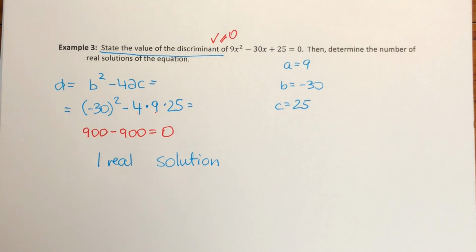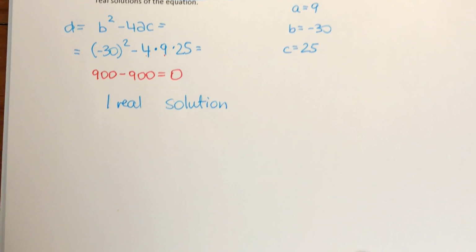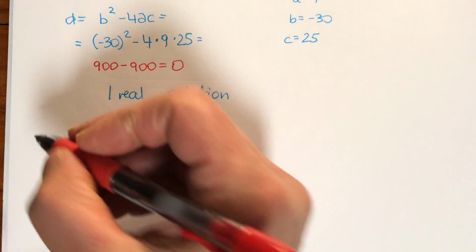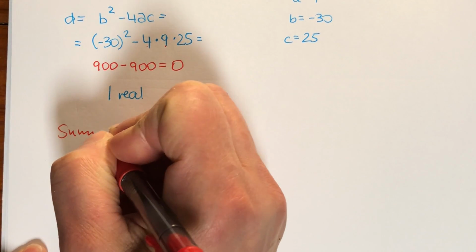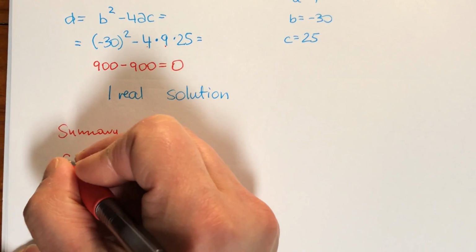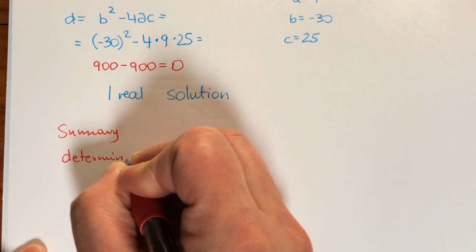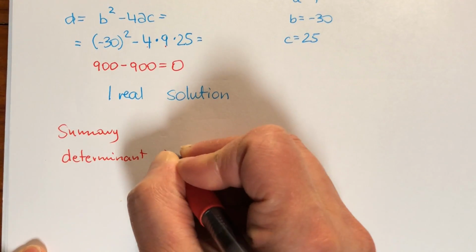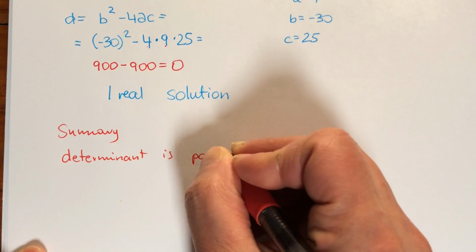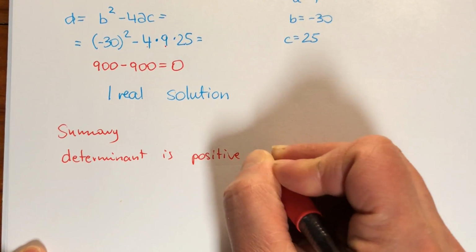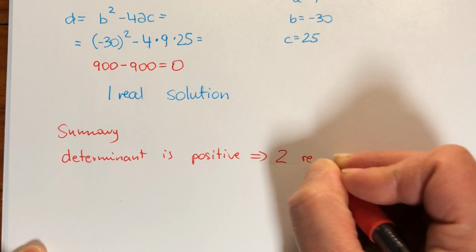Okay, so again, if you want a very quick summary, if the discriminant is positive, you will always have 2 real solutions.